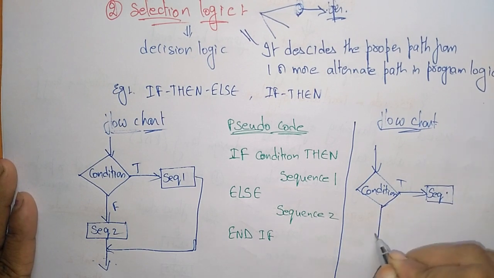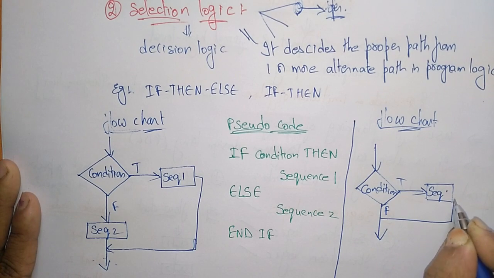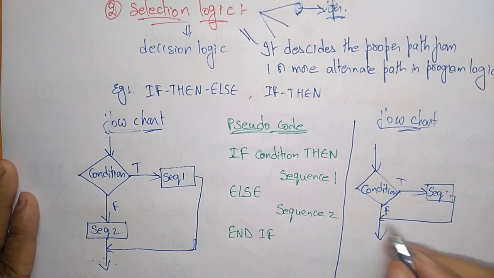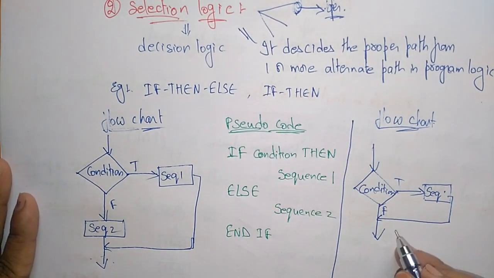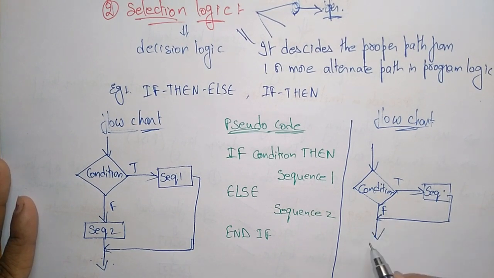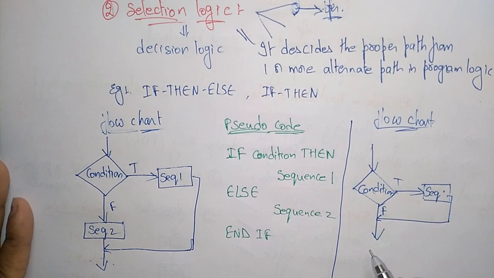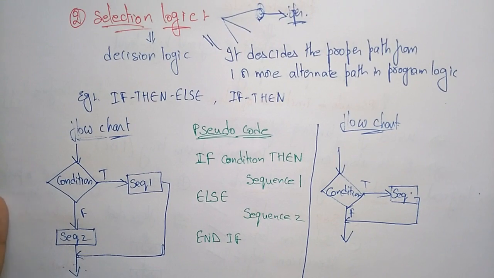If the condition is false, it quits the program. It is not selecting another sequence. It is not if then else, it is only if then. So if the condition is true, it takes the sequence and comes to the output. If the condition is not true, it proceeds with the next step. Okay, so this is the if then flowchart.